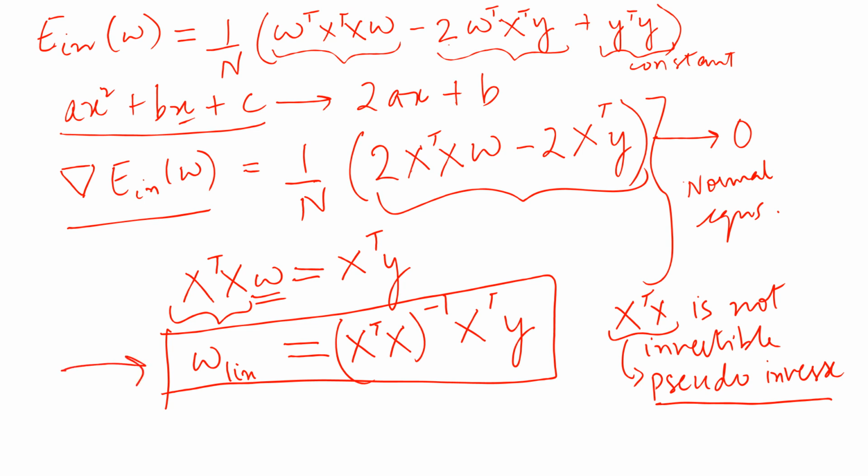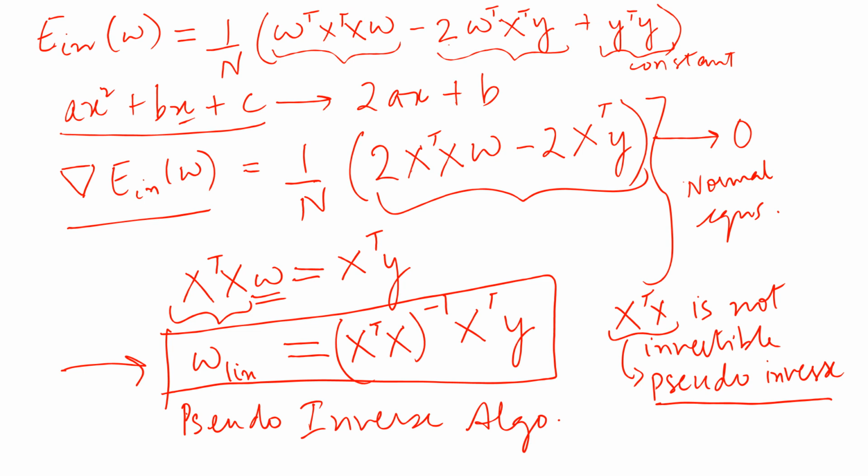And so we have this one-step pseudo-inverse algorithm. Basically, getting this W_lin, we already have the formula. If you just substitute the values, this is known as the pseudo-inverse algorithm, and it's just a one-step algorithm if you think about it.